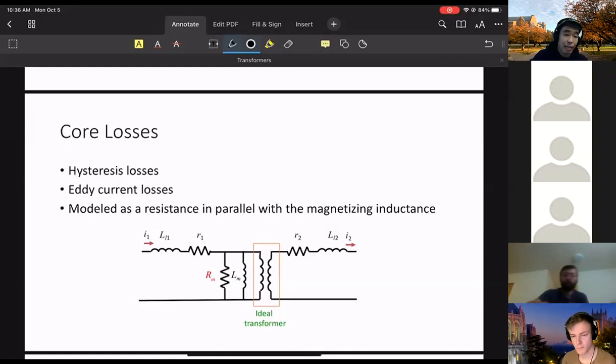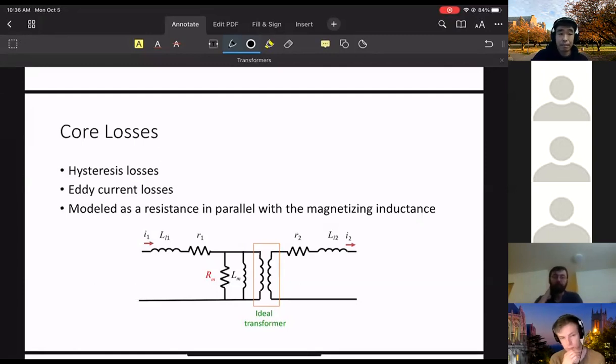Remember, this is for the entire transformer. This is capturing the fact that the whole transformer is not ideal. For the windings, I have two windings, but here I have one transformer. This brings back a question: I said the transformer was non-directional, but this drawing makes it look like we made a choice to put this on the primary side. And in fact, this is a choice we made.